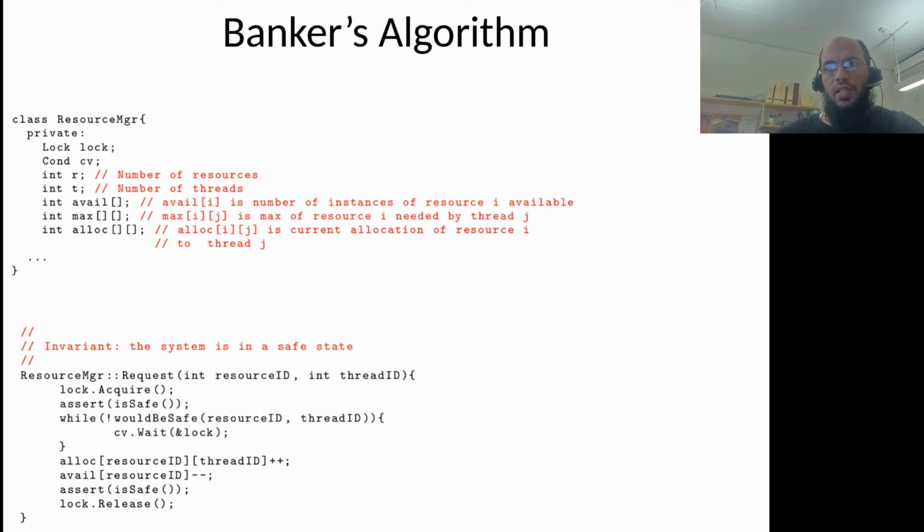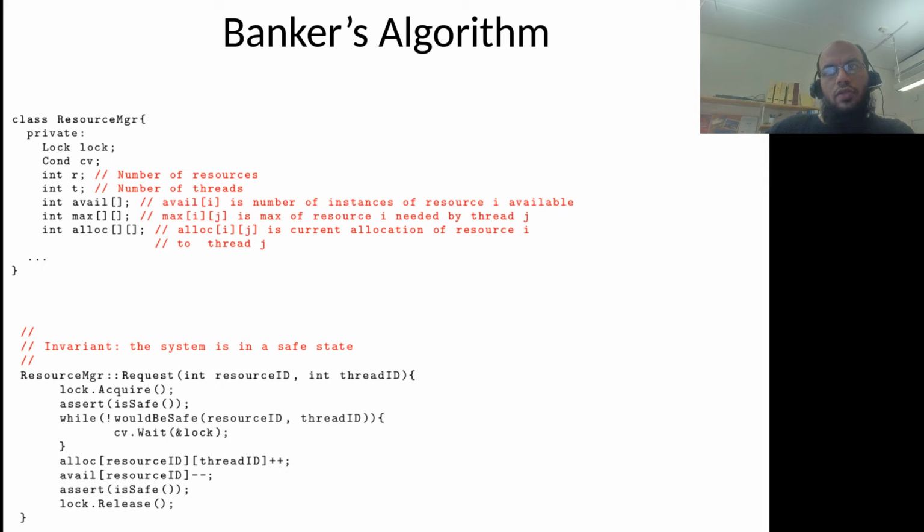And then you basically have code that checks, once you get a request, which is the code in the bottom half of this slide, if there is enough capacity for this request.